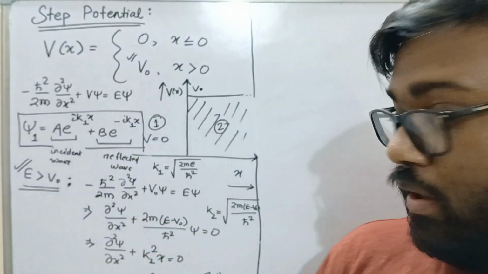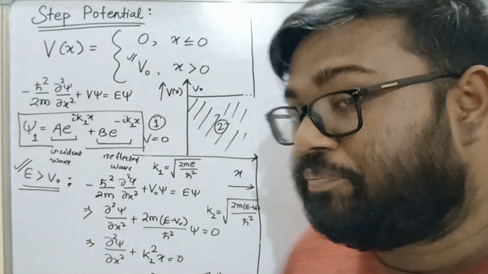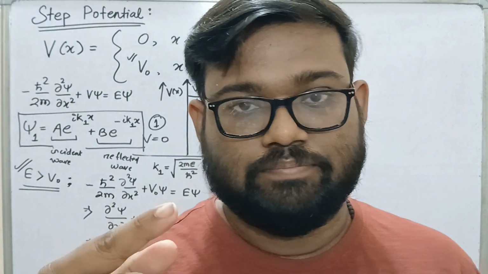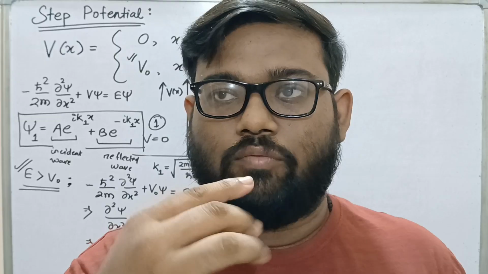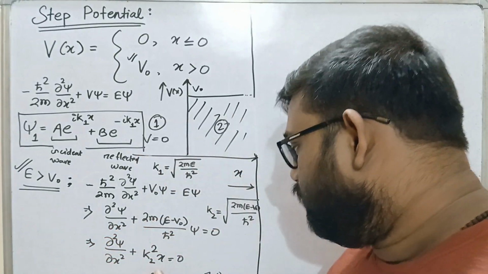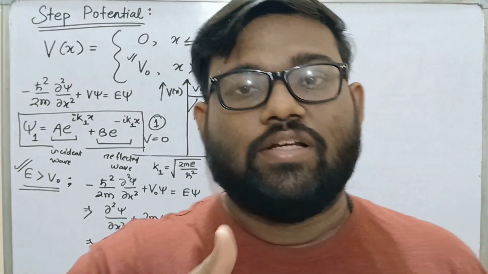Remember, k2 represents the momentum. When we calculate momentum, it is like h bar k. So when we are using this k2, it is giving us the value of momentum.